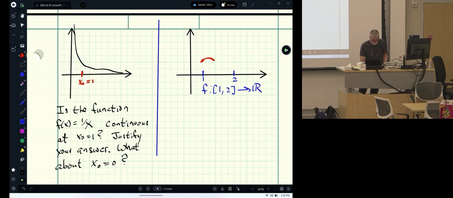So the function can do something squirrely, but then we're going to make this open, and then it starts blowing up. So it does not include the point 2.